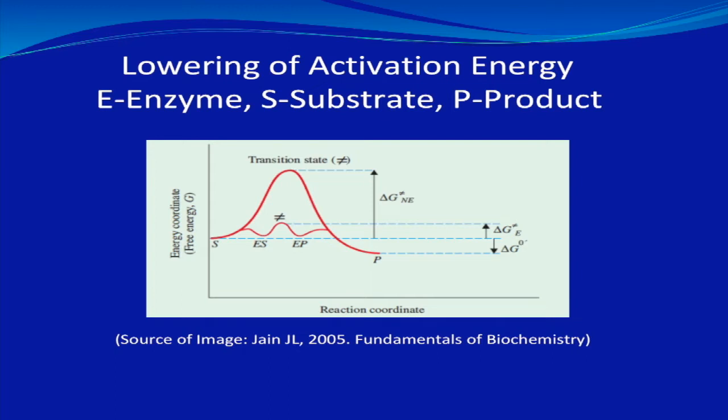So enzymes here, particularly in biological processes, when they are added, now they try to decrease the activation energy. So when they are decreasing the activation energy, the substrate need not have to climb up a hill. It can get converted to intermediate complexes called enzyme substrate complex.